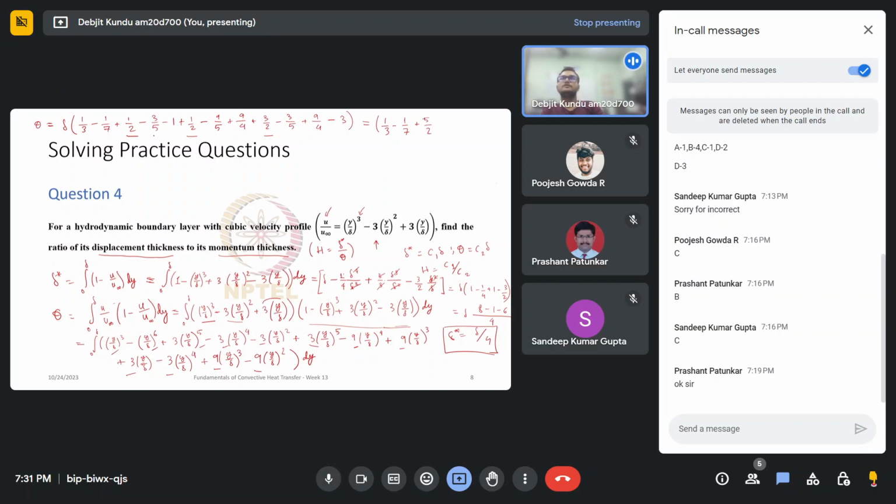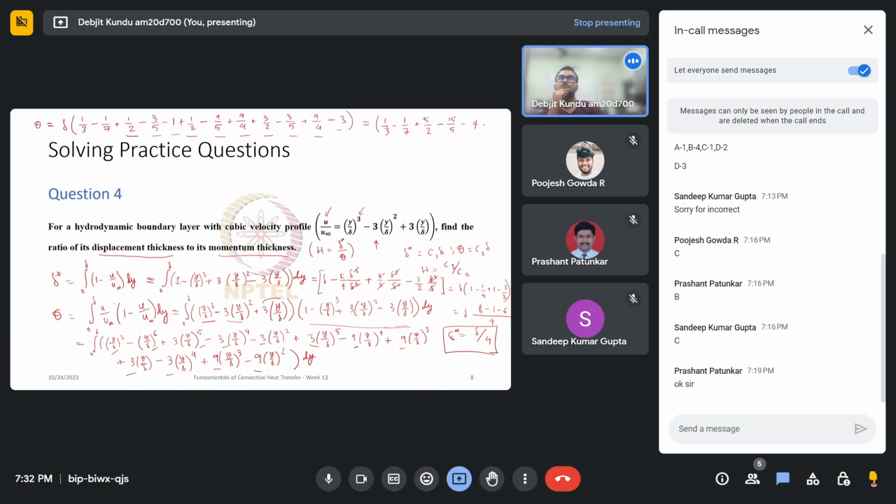Then all the by 5 terms. So minus 3 by 5, minus 9 by 5, minus 3 by 5. So it is minus 15 by 5. Okay. Then I have a minus 1 and a minus 3. So it should be minus 4. Then I have a plus 9 by 4, plus 9 by 4.